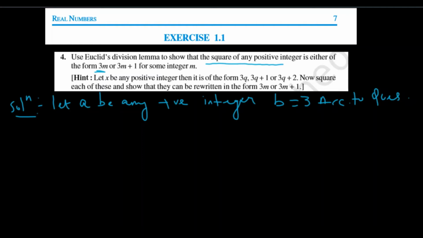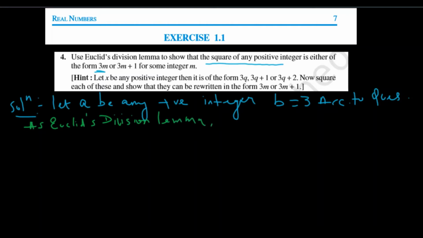Now let us write the equation for Euclid's division lemma.